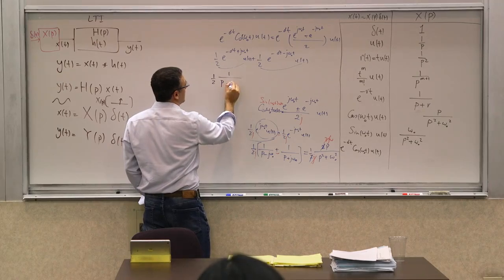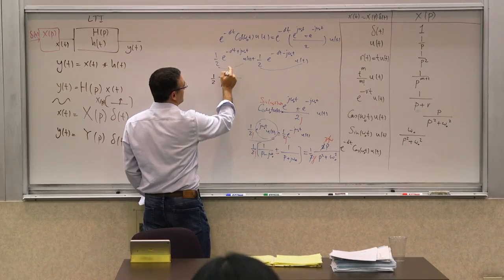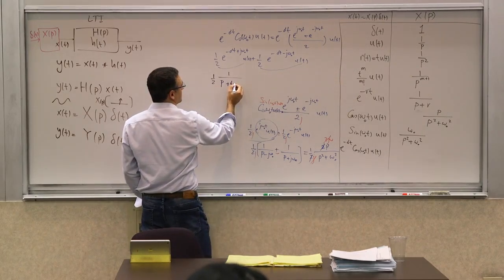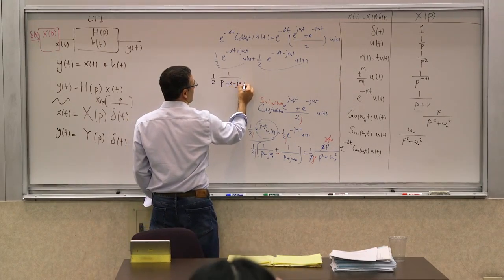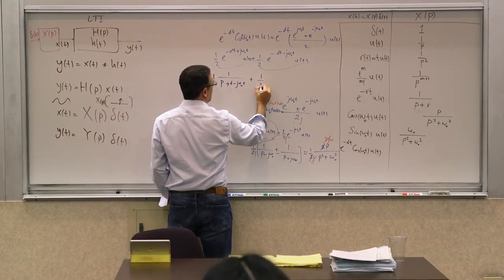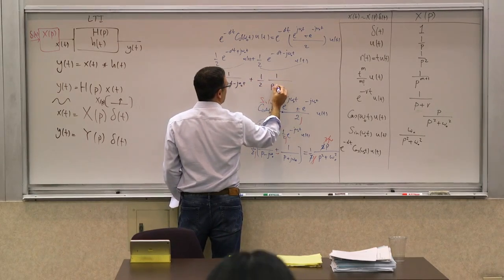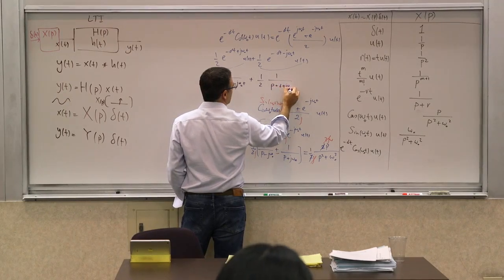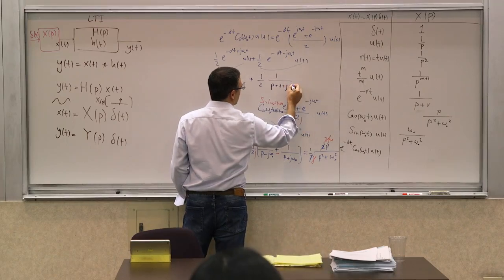And then minus j omega naught. Negative sigma or positive sigma? Right, this is negative. Plus sigma minus j omega t, and the other one would be 1 over p, again, plus sigma plus j omega naught, because you have the minus sign for both of them.